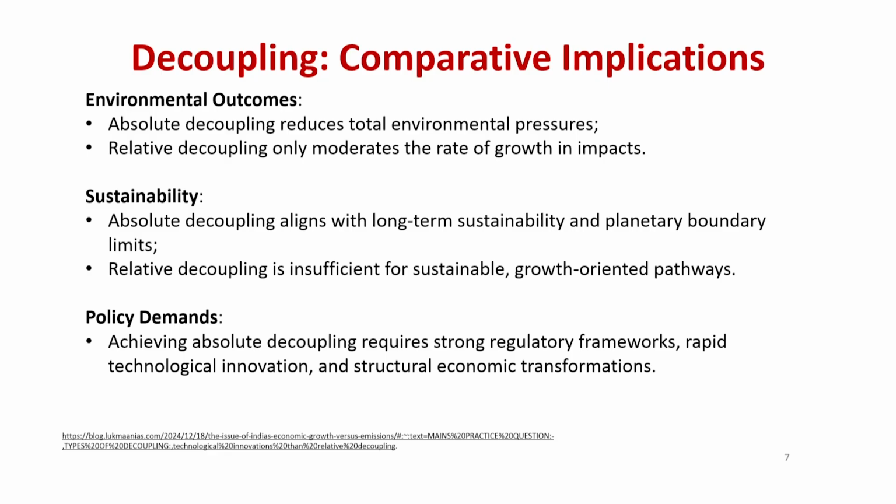On the policy side, as you can imagine, a very strong policy framework will be needed if you need complete decoupling to happen, and we will need a very structural economic transformation. So this is a very transformational kind of approach again, and it has still not seen a lot of success. What has seen more success is relative decoupling.